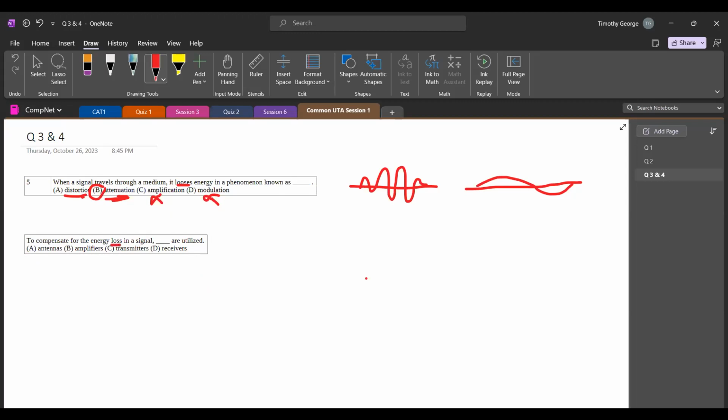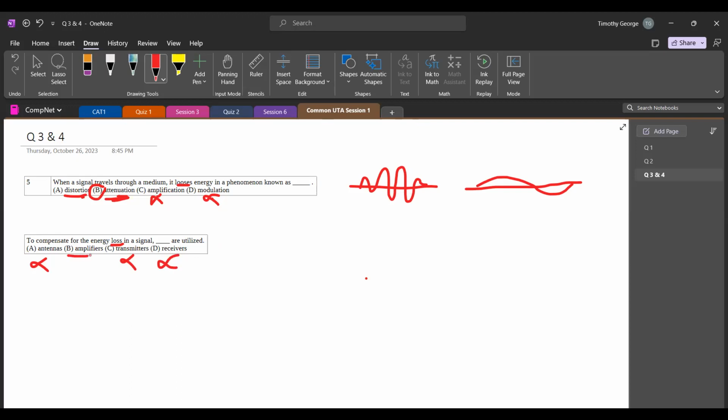It's not antennas and transmitters, because these are devices that allow signals to travel from one node to another. They do not do anything about the energy of the signals. The energy of the signals is lost as the signal continues to propagate. Receivers is also not, for the same reason.